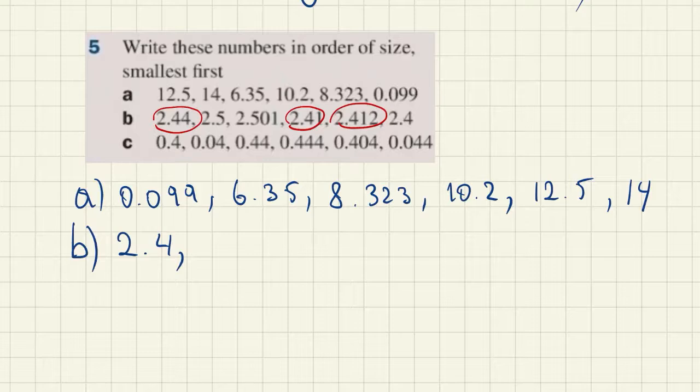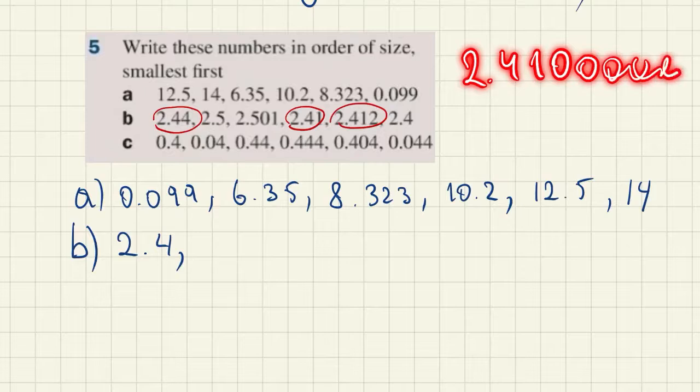Okay, then there is a bit of a challenge, as you can see, 2.412, 2.410. A small trick which you can use is, if it's a decimal part, you can add zeros to it. Like if you have 2.41, you can make it 2.410000 indefinitely.